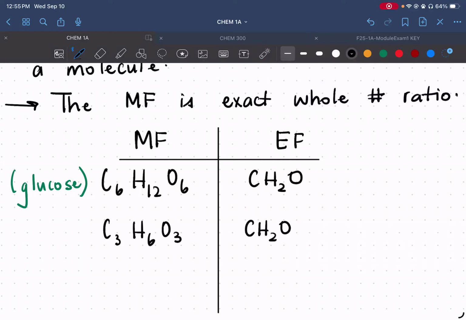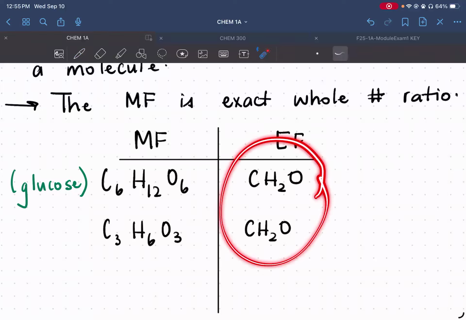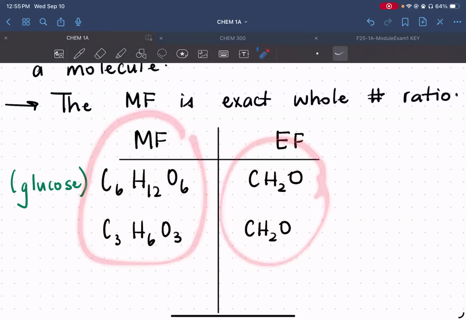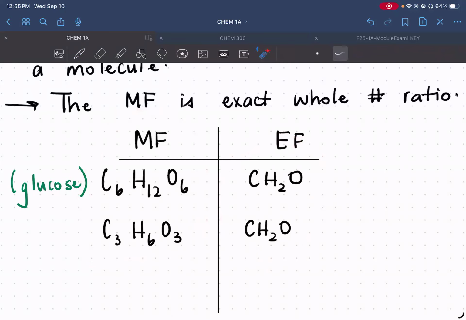And this brings up a very important aspect of empirical formula. A lot of compounds will have the same empirical formula. Over here on the right, the molecular formula, the exact whole number ratio. These are 2 completely different sugars. They serve different purposes, they look different, they're used differently.